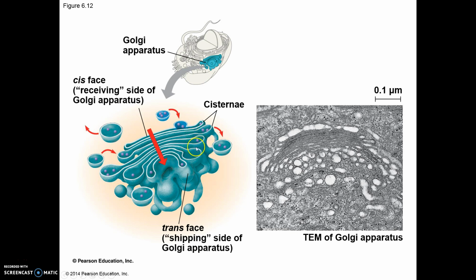That might happen out here. You might add on particular carbohydrates that then mark it to go to the cell surface. Or you might mark it with particular carbohydrates to go to a vesicle, or to go to other locations within the cell. So it can act as kind of a sorting center.